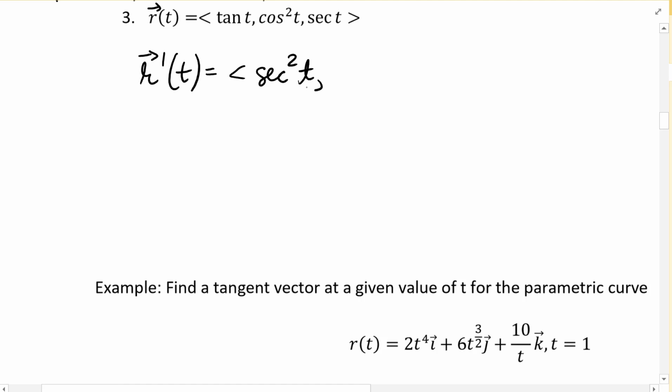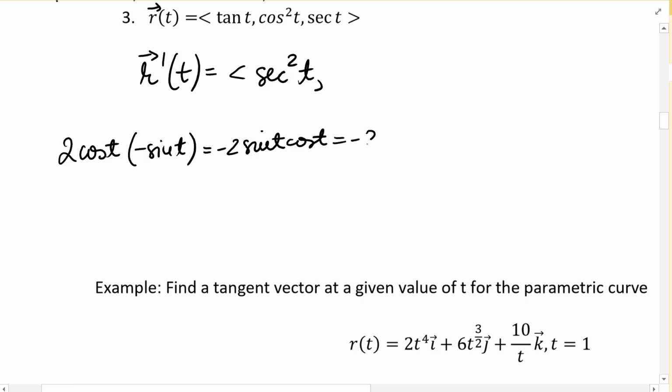Cosine squared t, it's 2 cosine t times sine t times, it's 2 times cosine t prime, which is negative sine t. So it is negative 2 sine t cosine t, which is actually negative sine of 2t. That's the trigonometric formula.